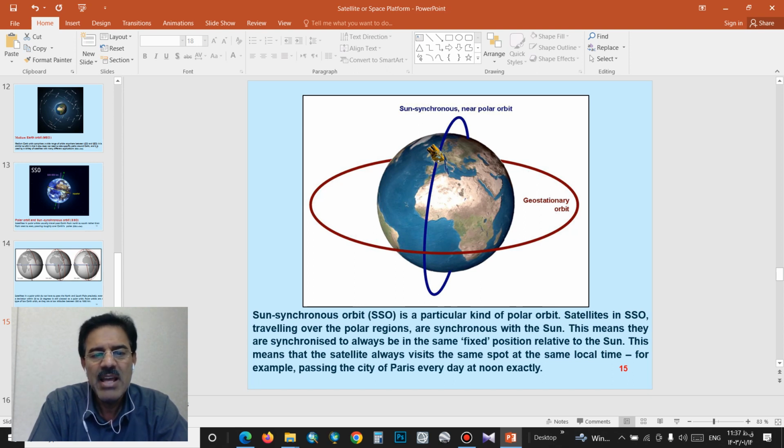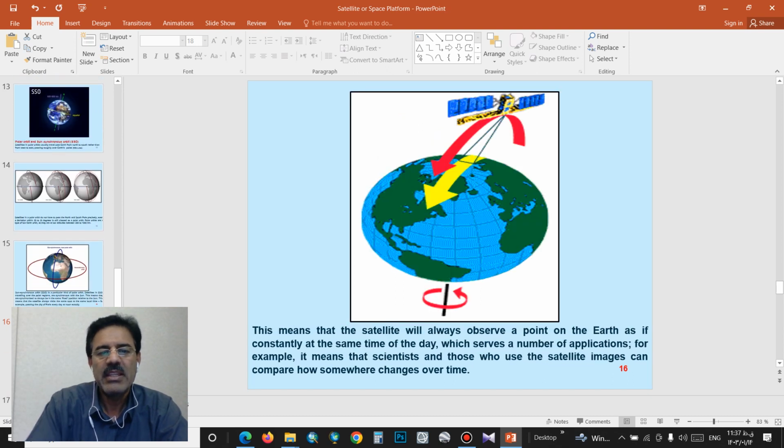For example, passing the city of Paris every day at noon exactly. This means that the satellite will always observe a point on the Earth as if constantly at the same time of the day, which serves a number of applications.